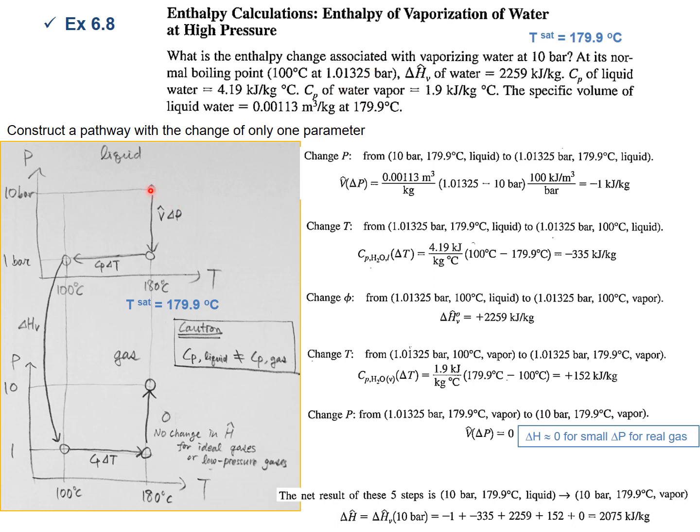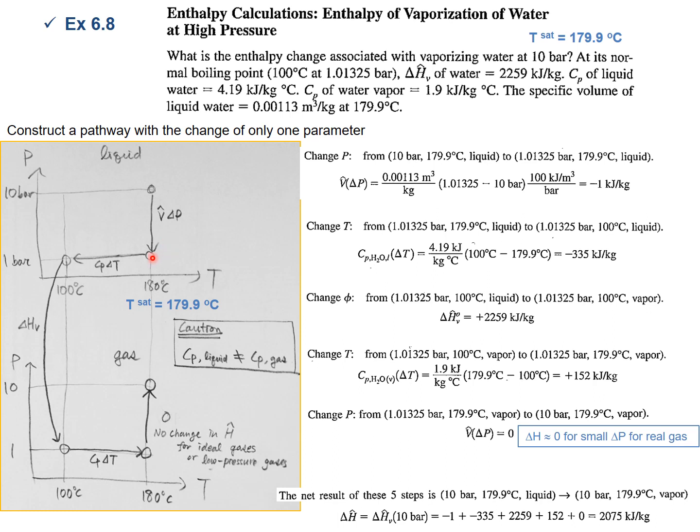So I have changed the pressure from 10 bar to 1 bar. This change is V delta P. In the liquid case, what's the delta P? 1 bar minus 10 bar, and the specific volume. So it is going to be about minus 1 kilojoule per kilogram, like that.